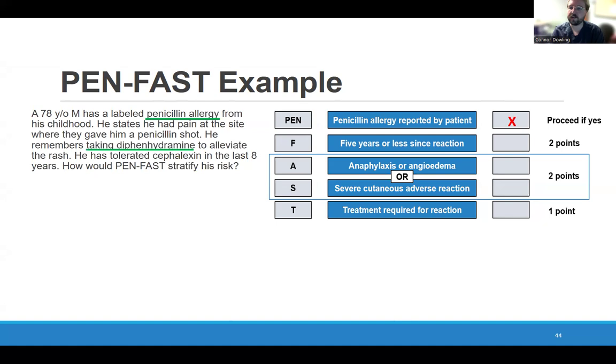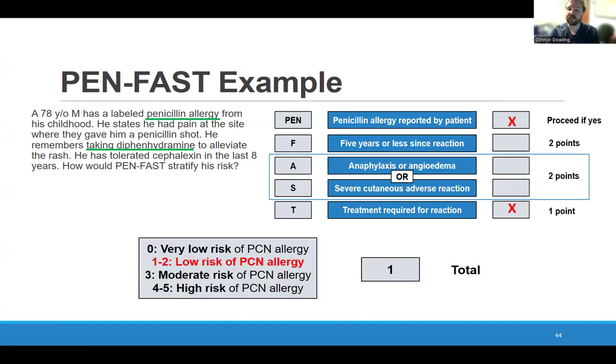And the patient did not mention any sort of anaphylactic reaction or angioedema. We only saw this rash that appeared. There was no severe cutaneous adverse reaction noted, so he would get no points there. But he did receive diphenhydramine to help alleviate the rash. So this would qualify as our treatment required for reaction and give us a total of 1 point, giving us that low risk of penicillin allergy.